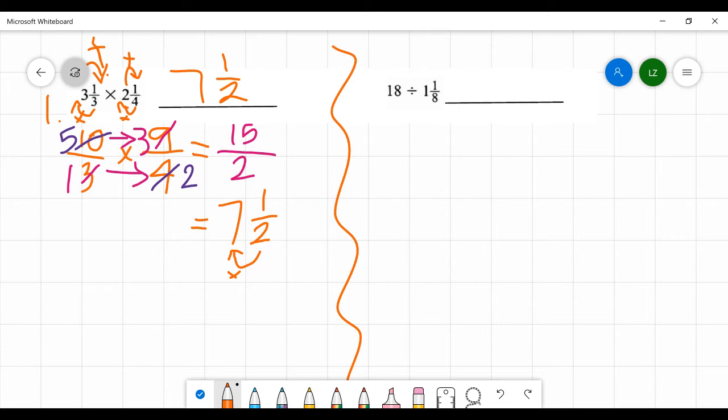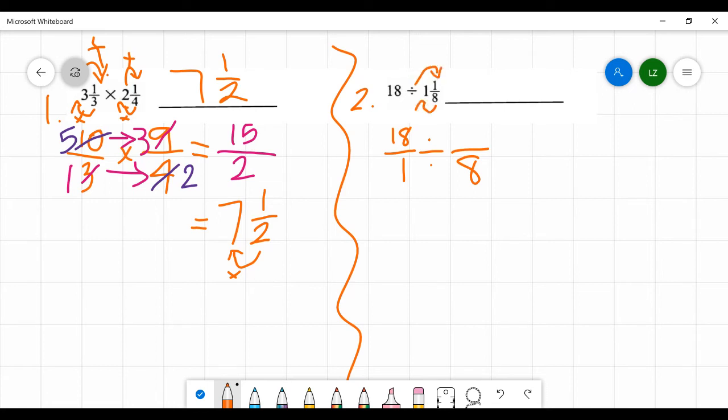All right, let's check out our division problem. So again, before we even start any calculations, we need to make the whole number over 1 and the mixed number into an improper fraction. So I'm going to rewrite this as 18/1 and then go ahead and set up my second fraction and make it improper.